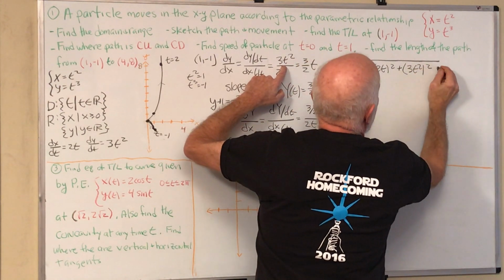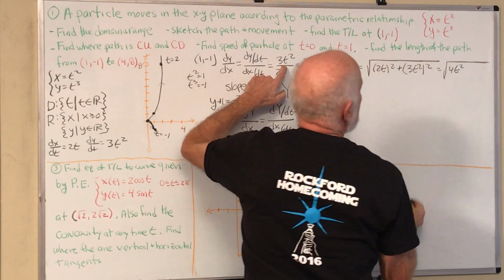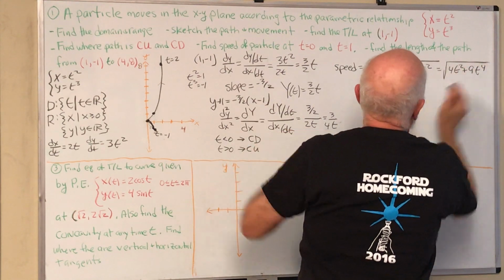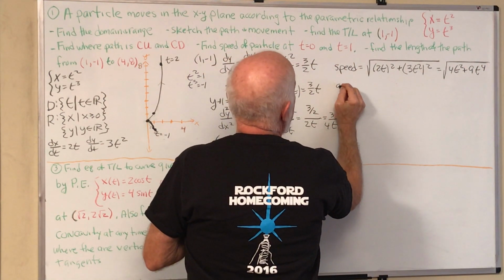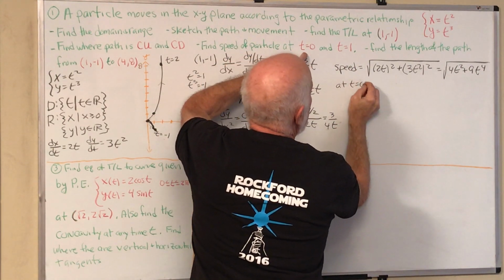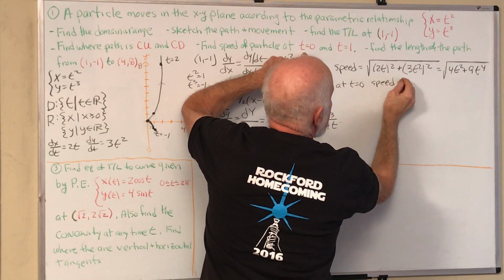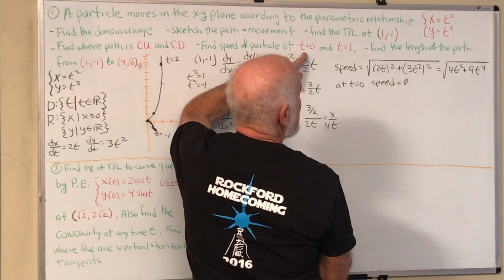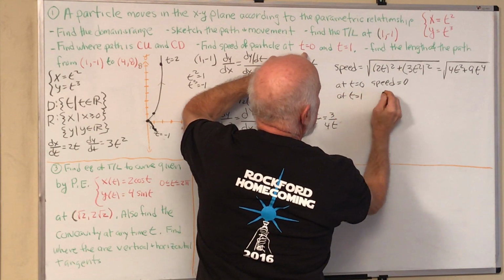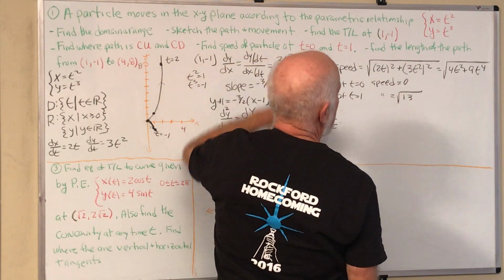So the speed is going to be the square root of 4t squared plus 9t to the 4th. So at t equals 0, the speed is 0. And then at t equals 1, the speed is the square root of 13.